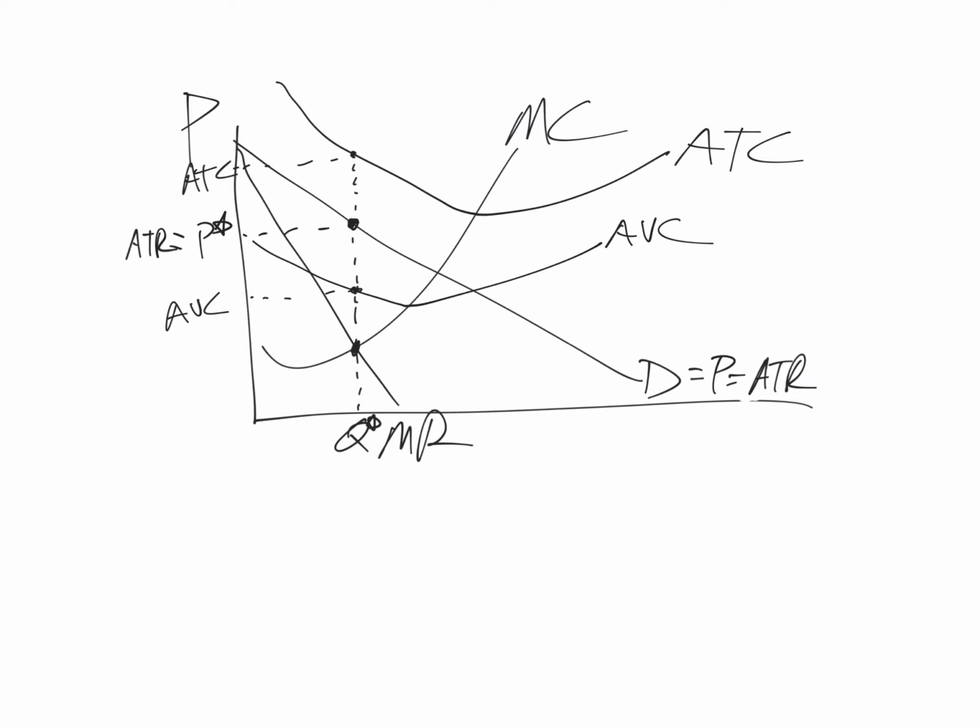If they operate, they're only losing from here to here. Okay, so would you rather lose this distance or this distance? Okay, so again, since they're covering their variable costs, they loss minimize by staying open in the short run. Of course, if this continues into the long term, if this is a permanent situation, they're going to exit the industry.